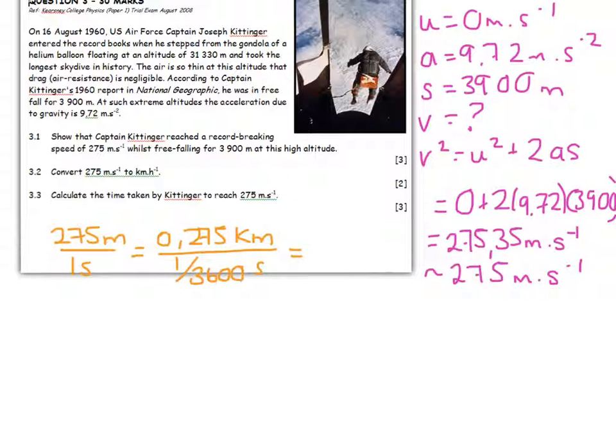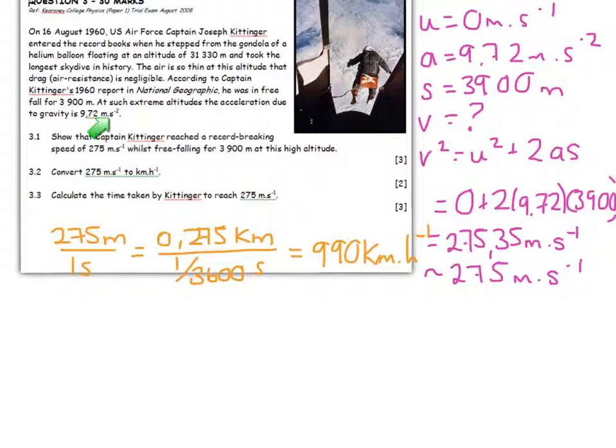Now, if I've got a fraction in the denominator, you can just multiply into the numerator. So on your calculator, you're going to go 0.275 times by 3,600, and you land up with an answer of 990 kilometers per hour.